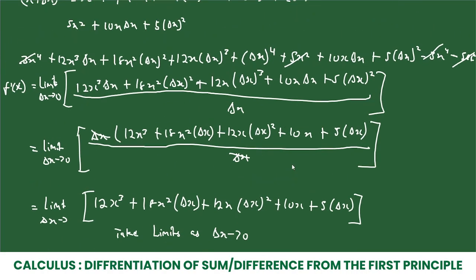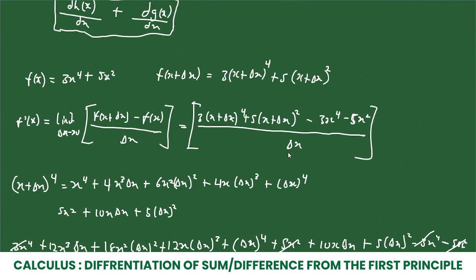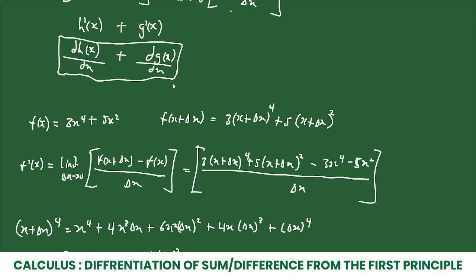So let's see if we use this approach, if we are going to get it. When we differentiate each of the terms separately or independently, then we add them, right? So we have f of x equal to 3x to the power 4 plus 5x squared, right? So when you differentiate 3x to the power 4, what do you get? 4 times 3 is 12, right? x, so 4 minus 1, that's going to give us 3, plus 2 times 5, that's 10, x to the power 2 minus 1, which is x to the power 1, that's the same thing.